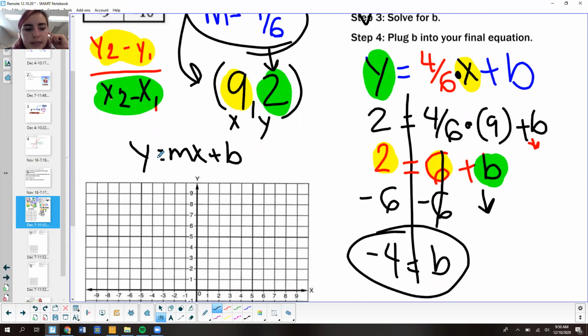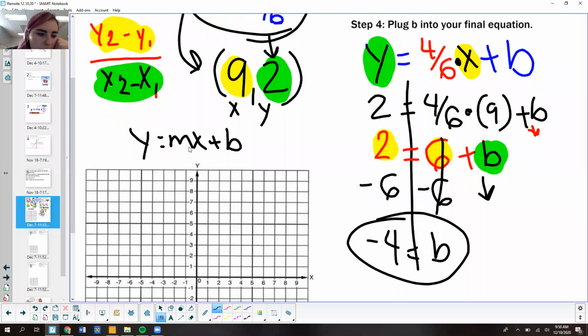Okay, guys, and I did get some messages privately. Again, if you're ever not sure and feeling uncomfortable, like you don't want to type it to everybody, I'm fine if you send it to me privately. The answers I'm seeing are y equals 4/6x plus negative 4.